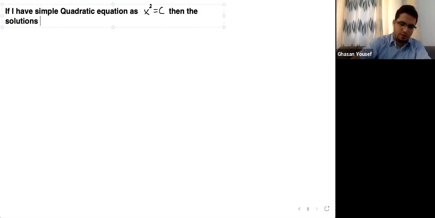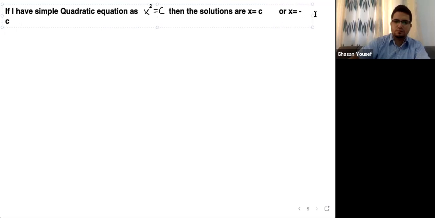The solutions are x equals the square root of c, or x equals the minus square root of c.